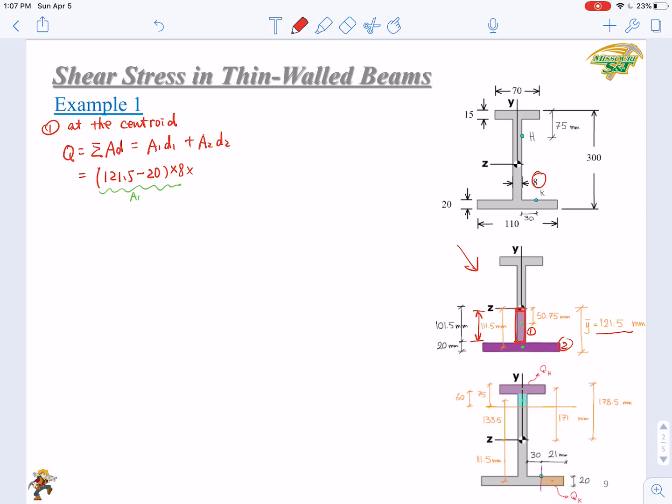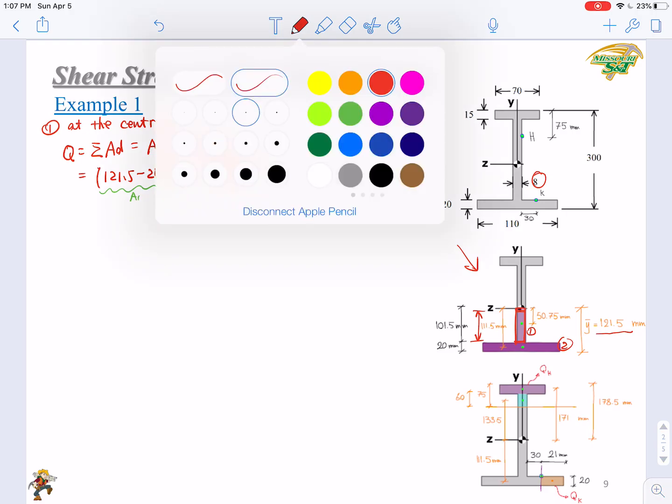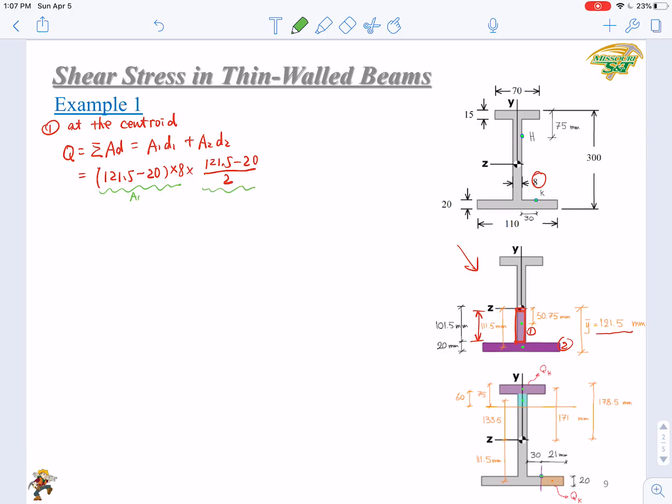So that is 121.5 minus 20 over 2, half of the vertical dimension of this rectangle. This is the D1.